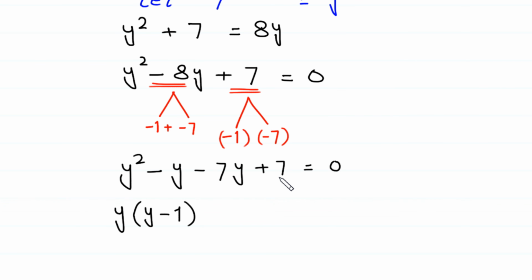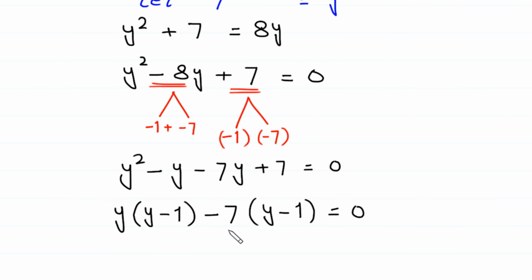And from these two terms minus 7y plus 7 we can take minus 7 as common, and in bracket we get y minus 1 equal to 0.